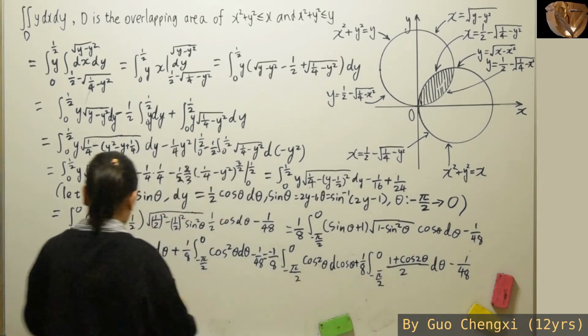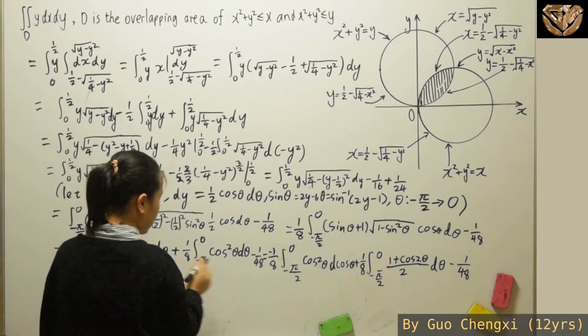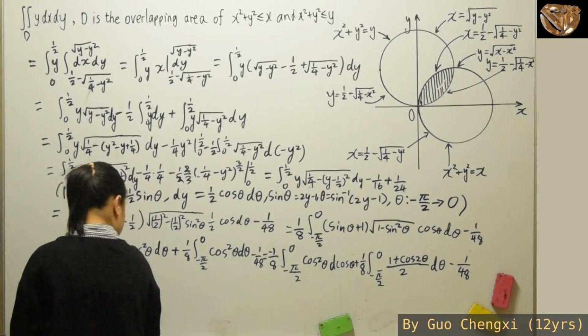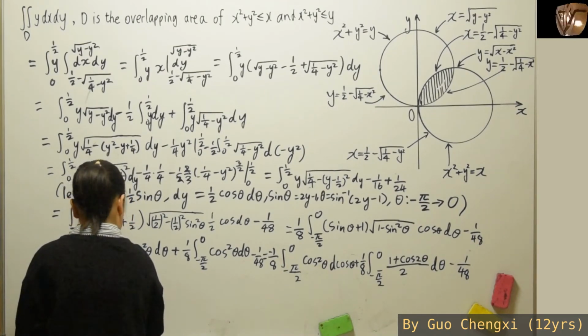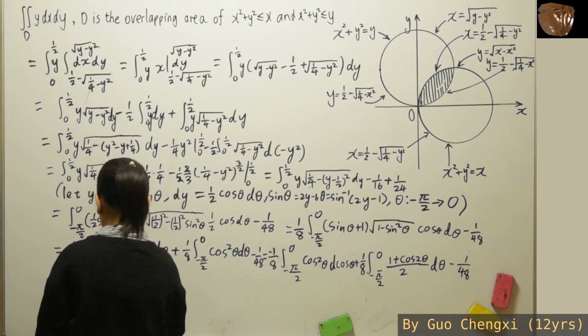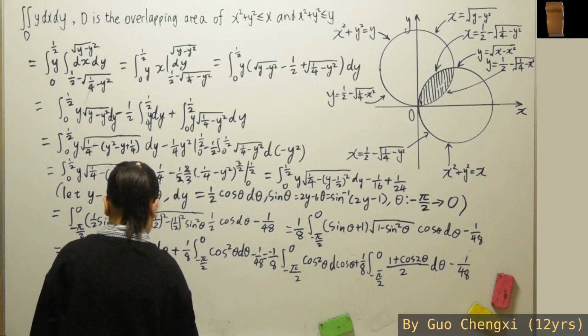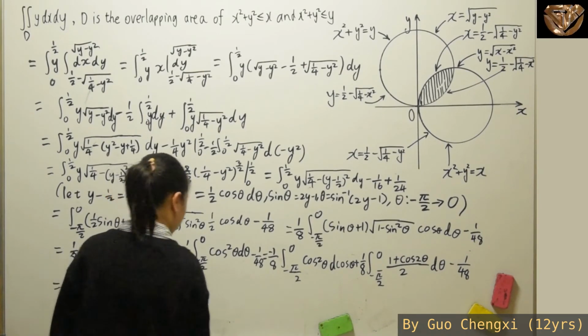Okay, so for this part you can already integrate it, which you're going to end up with negative 1 over 8 times 1 over 3 cosine cube theta from negative pi over 2 to 0.